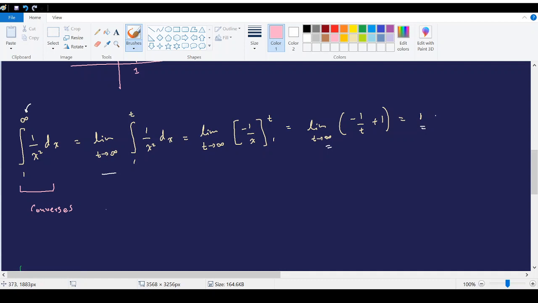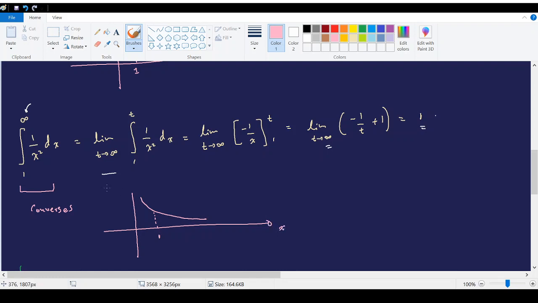Now this is a very interesting result, okay? Because the graph of 1 over x squared is almost the same as the graph of 1 over x, right? The shape is almost the same.